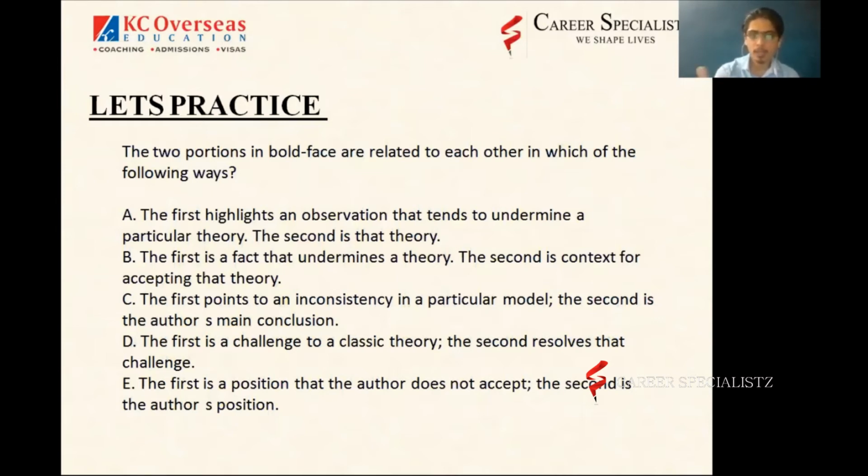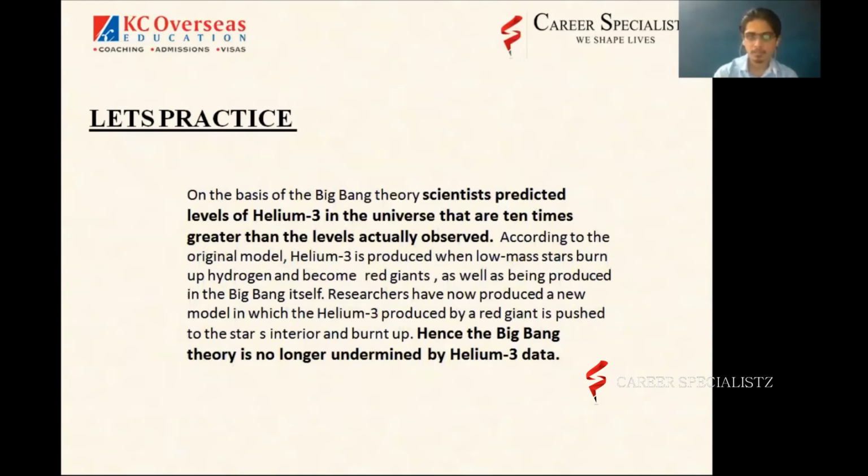Now, if we quickly look at these 2 sentences, even though sentence 1 definitely has an opinion that undermines a theory, the second is basically not the theory in itself. It is a conclusion statement put forward by the author.